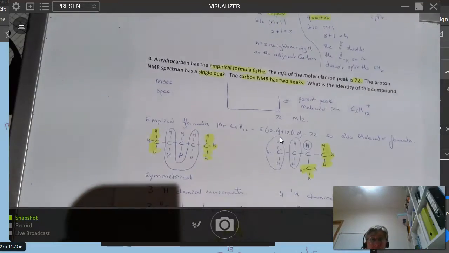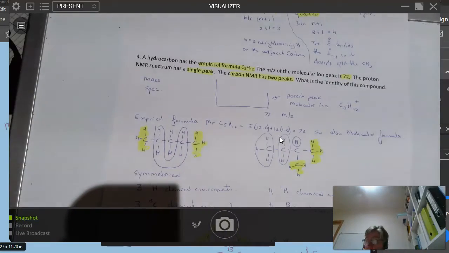Okay. This is the one that I did last year, and because we didn't do mass spec, I just cut this down and called it the molecular formula. But if you're given the empirical formula, you'd need to look at the mass spec and see how big the actual formula is.